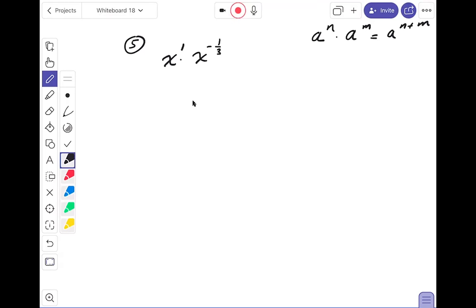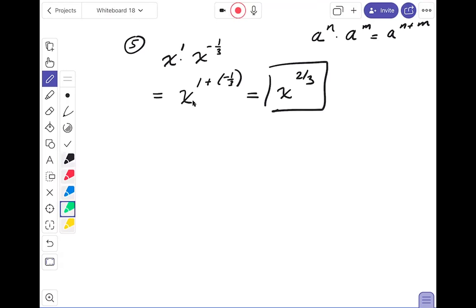I'm going to write that as an exponent, and I'm going to put this down now as a rule-based system. What's it going to be? 1 plus minus 1/3. What's that going to give me? x to the 2/3. Look at the answer key, and you should be staring at that.